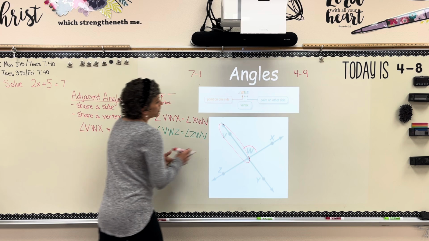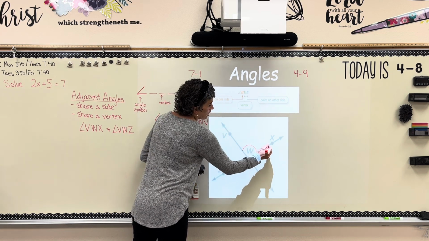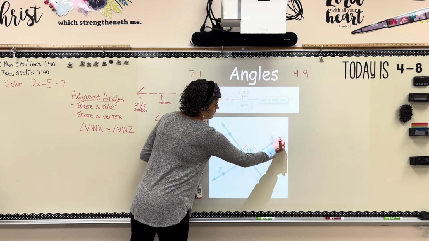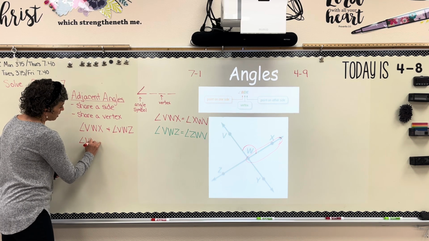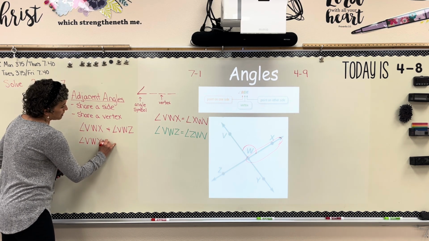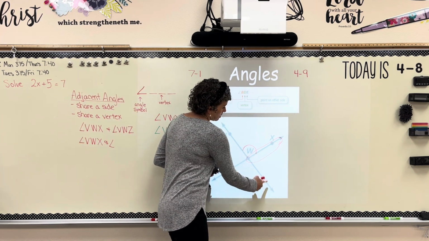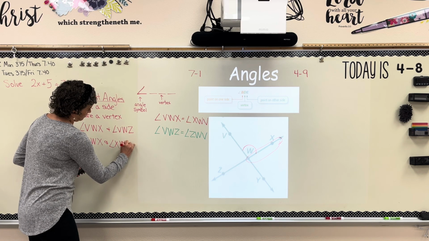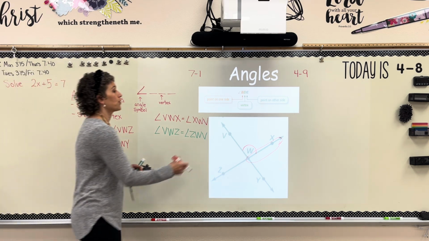Or we could look on the other side. So we're looking at this angle here. Okay, if they share this side, okay, so let me write it another way. If they share the other side, then VWX is adjacent to angle XWY. Okay? And that is just for that one angle.